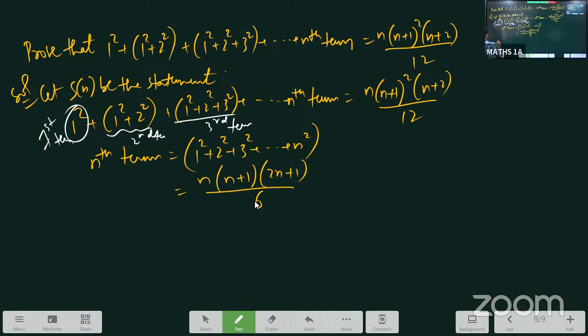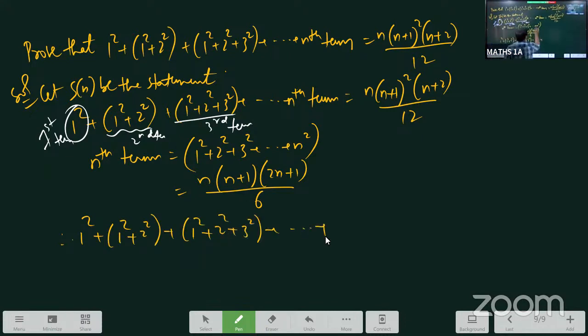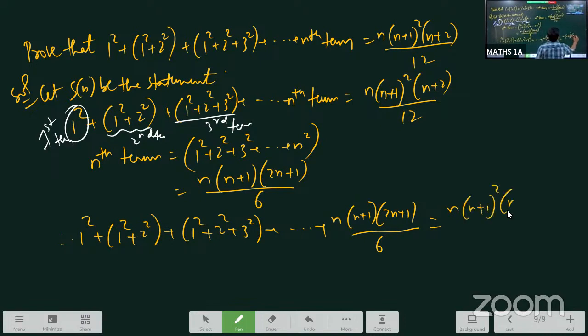Now, once again, write down the statement. Therefore, 1 square plus 2 square plus 1 square plus 2 square plus 3 square plus so on. Your nth bracket is this, that I am going to replace with n into n plus 1 into 2n plus 1 by 6. That is equal to n into n plus 1 whole square, n plus 2 by 12.